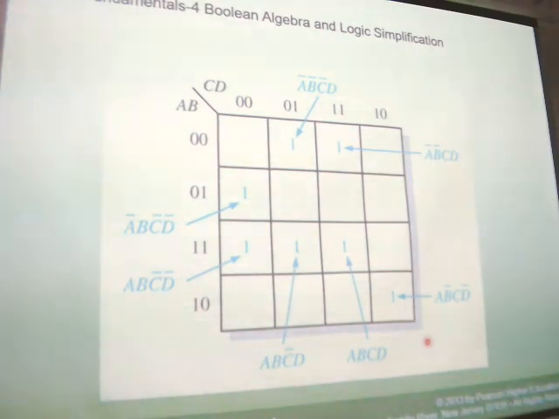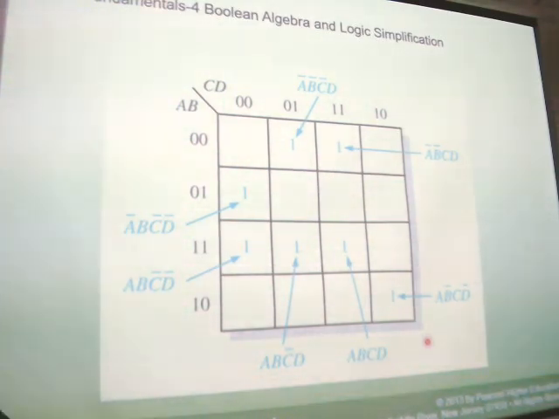From this, we only use the Karnaugh map to represent the Boolean expression, but we have not simplified it yet.